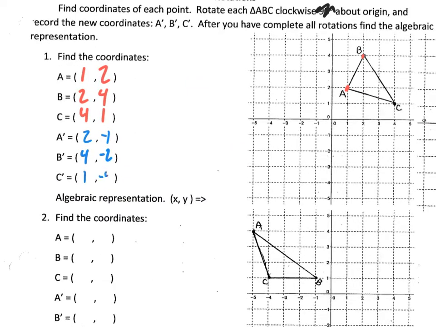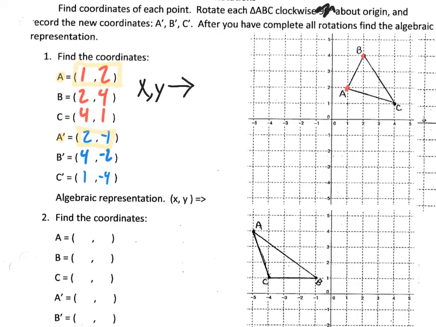What I want to do is compare the coordinates, because there are similarities between both sets. I'm going to compare A and A prime right now. A was originally 1, 2. A prime came out to 2, negative 1. Looking at our algebraic representation, we started out with an x and a y as 1 and 2.